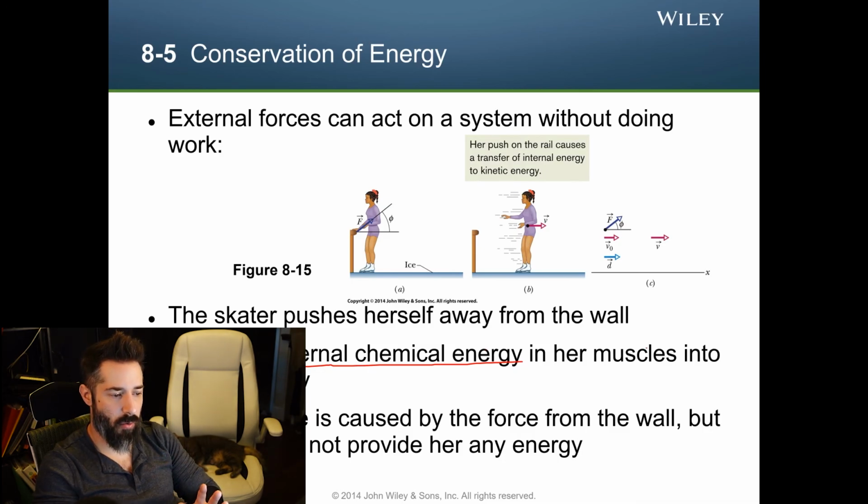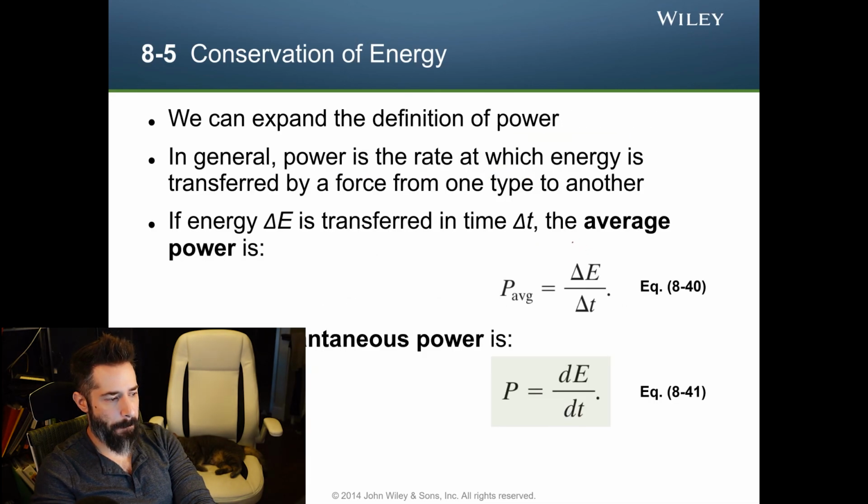So now that is the total energy of the system. We're saying her kinetic energy is changed from the wall, but the wall didn't provide the energy. She provided the energy. So you don't want to mix up the forces and the energy here.